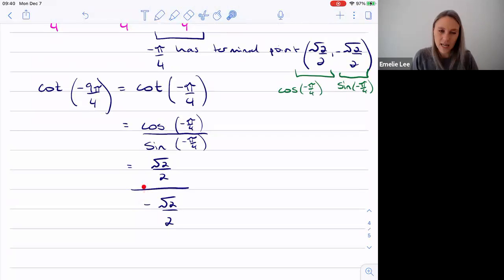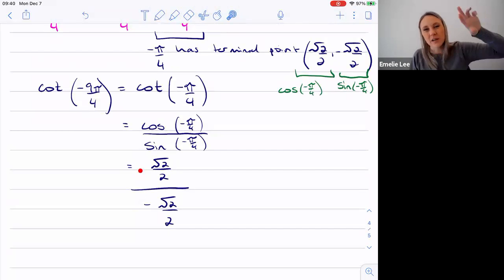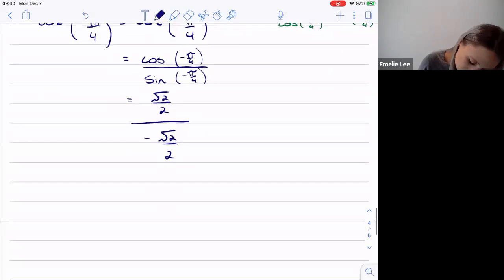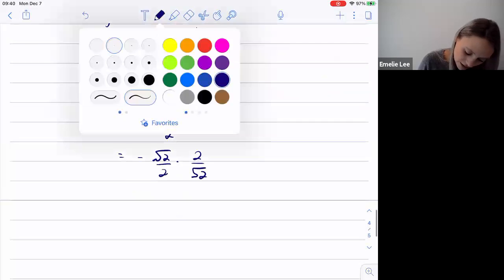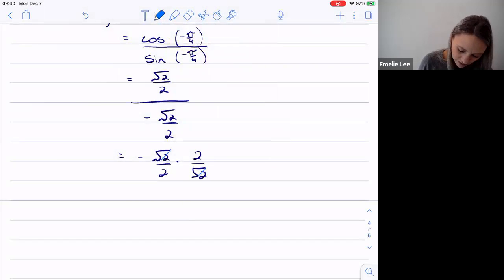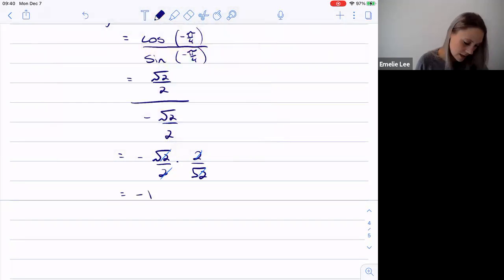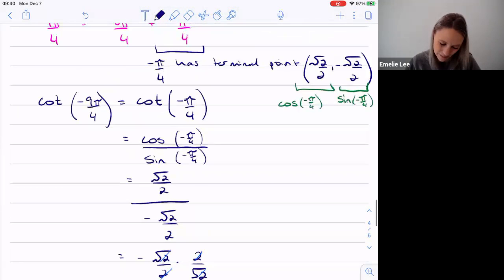And this negative, because it's the only negative, I can just float it outside. So it'll just hang out, and I know I'm going to have a negative number. So this becomes negative root 2 over 2 times 2 over root 2. Again, we get that same cancellation going on. The 2's cancel, the root 2's cancel, and so I'm left with negative 1.